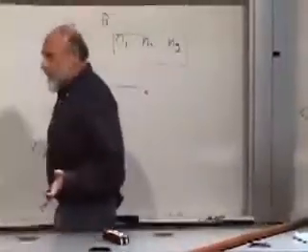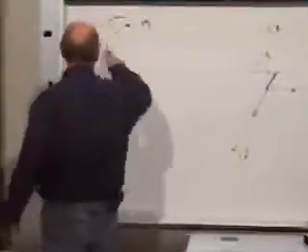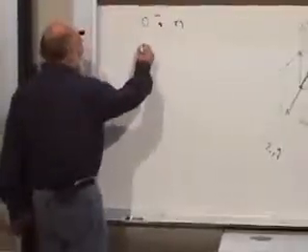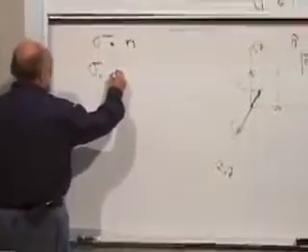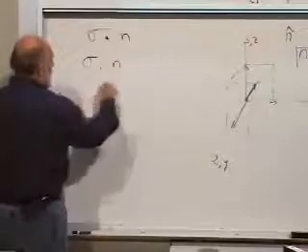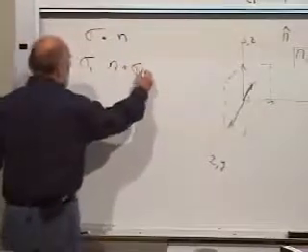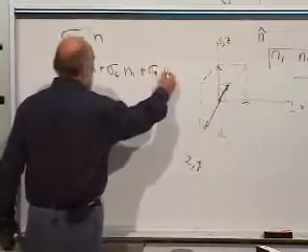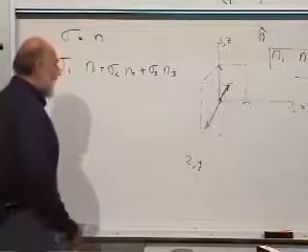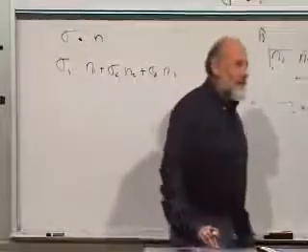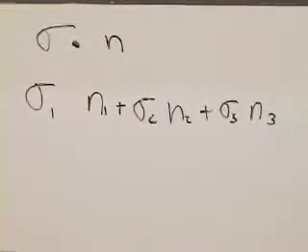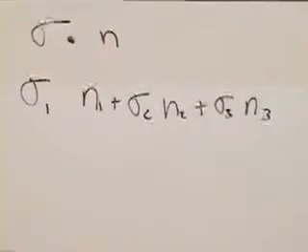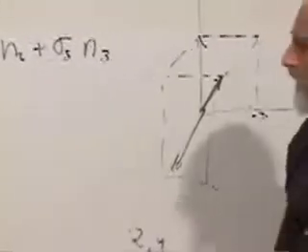What is sigma dot n? It's the first component, or the x component, call it sigma 1, times n1 plus sigma 2 times n2 plus sigma 3 times n3. Well, this gives us an interesting candidate in the quantum mechanics for the operator, which is the component of spin along a direction n.